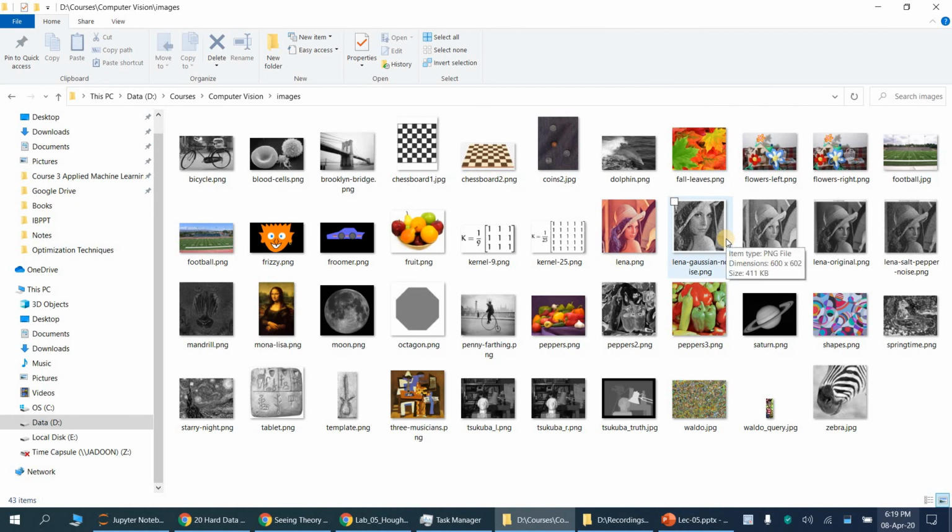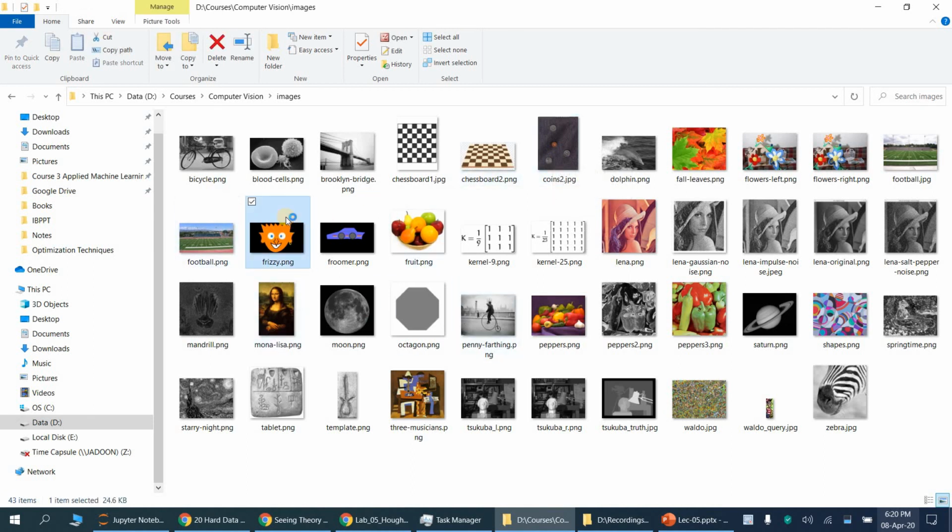So let us take the edge image, for example. We have limited options for the circle. There is one image with circles, and another one can be this one, Frizzy maybe.